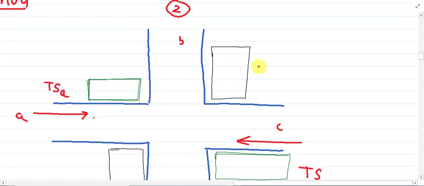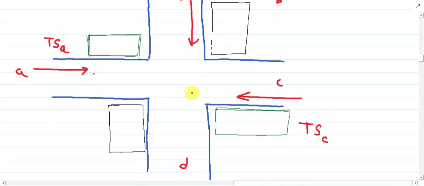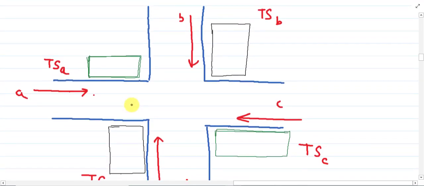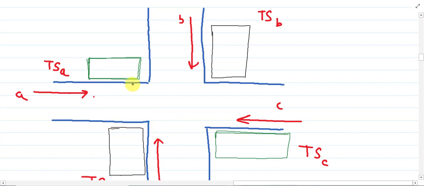Similarly we have traffic signal B for this one movement, and those vehicles which are moving in this direction will get the information from traffic signal D. So for a four-leg intersection we have four traffic signals, but out of these four signals, two are identical.